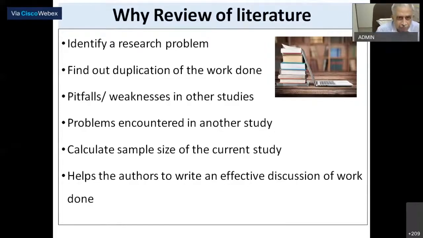The pitfalls and weakness in the previous studies you will know, and problems encountered by the previous person also you will be able to find out by doing the review of literature, because many of these publications will also say the limitation, the problems they faced, whether the sample size was important. The previous study will help you to find out the correct sample size required for your research.